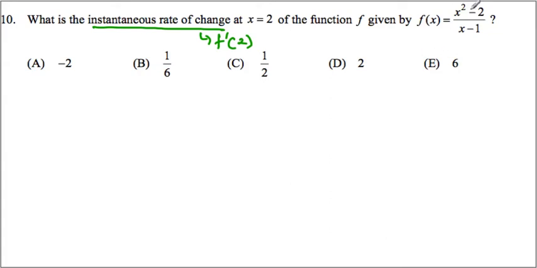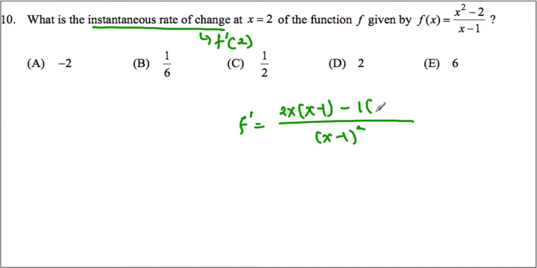Since we have a fraction here, f prime can be done by the quotient rule, where the denominator is x minus 1 squared. Then the derivative of the top times the bottom, which is 2x times x minus 1, minus the derivative of the bottom, which is equal to 1, times the top, which is x squared minus 2.